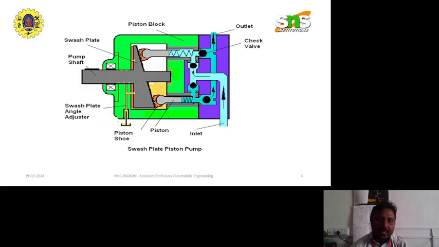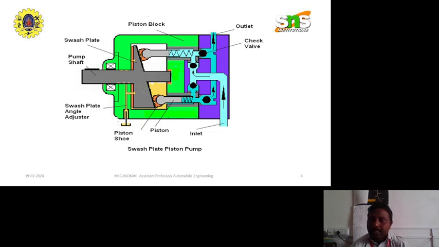mechanical or pressure compensated control. This is a swash plate piston pump. In this pump we have various parts: one inlet port and an outlet port, and near the outlet port we have a check valve.